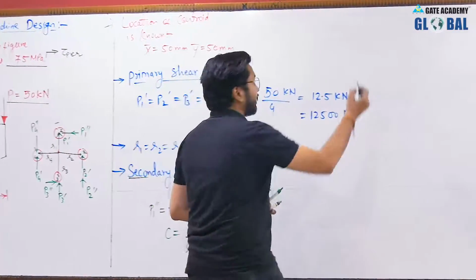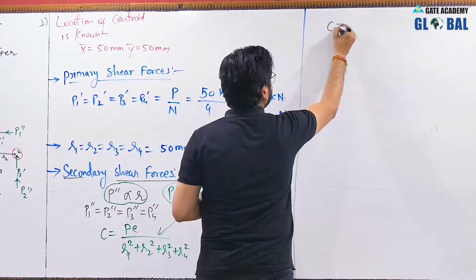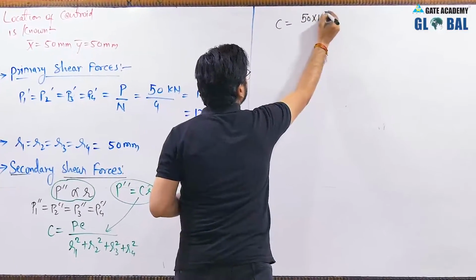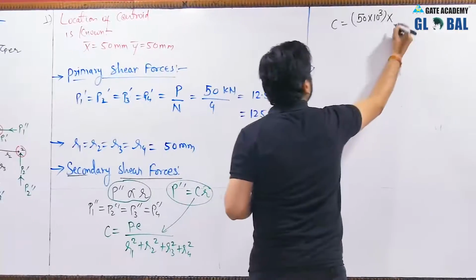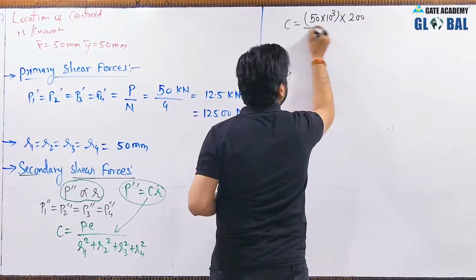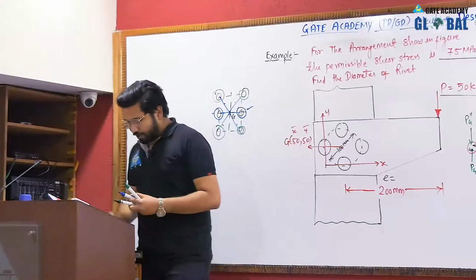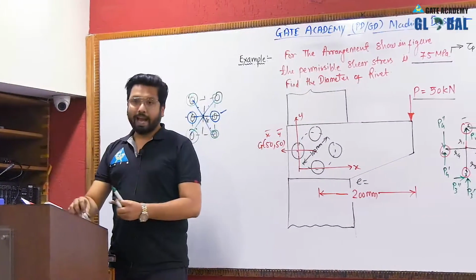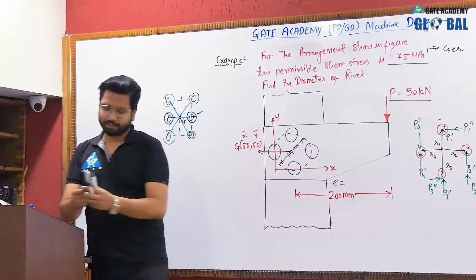Okay, so just calculate the value of C. So P is 50 kilonewton, so 50 into 10 raised to power 3, okay, into E, eccentricity 200 mm. So as I am putting the force in Newton and the dimensions in mm, so the stress will come definitely in Newton per mm square, that is nothing but the megapascal. Okay, so stress will come in megapascal. Clear?